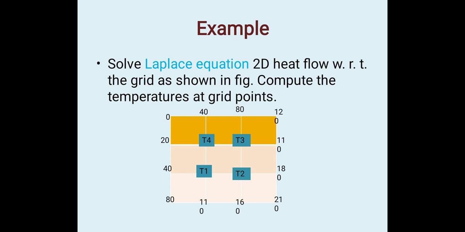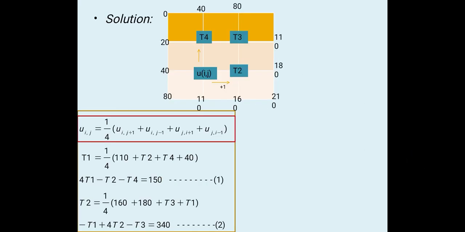In the last lecture we discussed the formula for Laplace equations. Again we can draw this rectangular plate. Our formula is u of i comma j, the node at which we have to find the temperature. u of i comma j is equal to 1 by 4, because in the previous formula the middle term is 4 of u of i comma j, so we take that 4 on the right side.